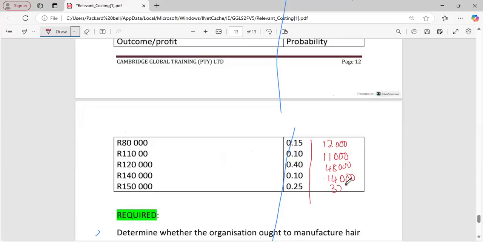Yes. Am I right? Yes. Then we add. So how much are we going to have? 122,500.